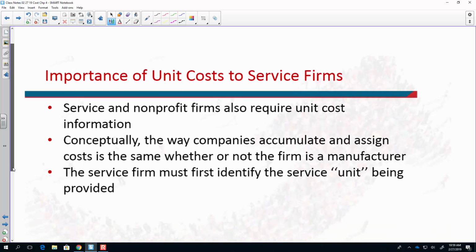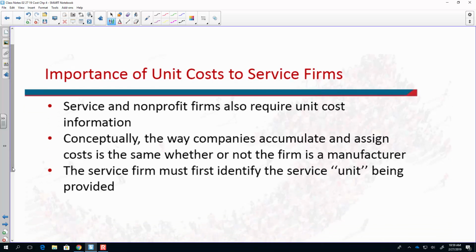Service firms. We don't touch on service very much. This is on 153, 154. And unit cost is still important to them. So we're talking hair cutters, beauticians.